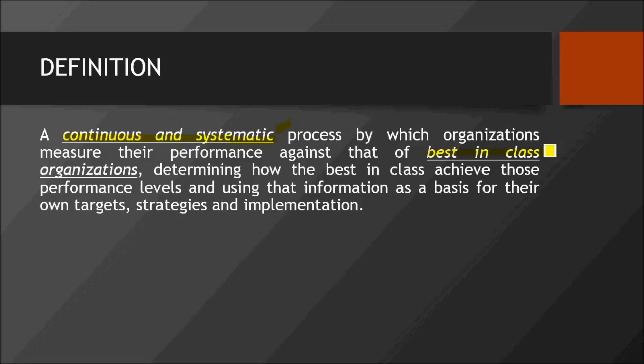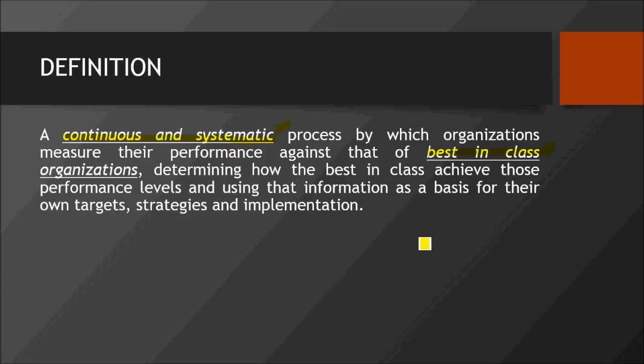Also, please note that when you're comparing yourself with another organization during the benchmarking process, that organization has to be the best in class. It cannot be any company which is just doing better than you. It has to be the best in whatever category, whatever level you choose to do your benchmarking process in.